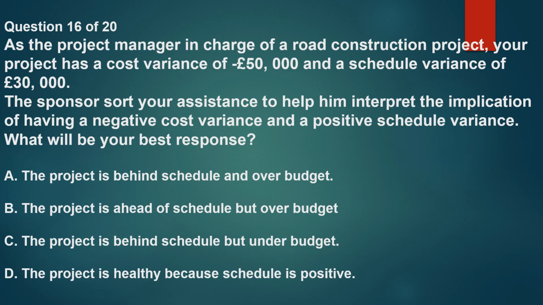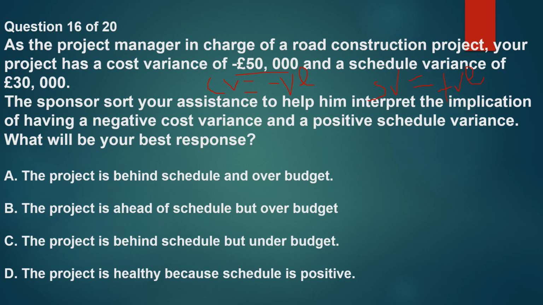First and foremost, we have to define certain terms. CV here is negative. Cost variance is negative, while schedule variance here, on the other hand, is positive. So what is the meaning of cost variance being negative?